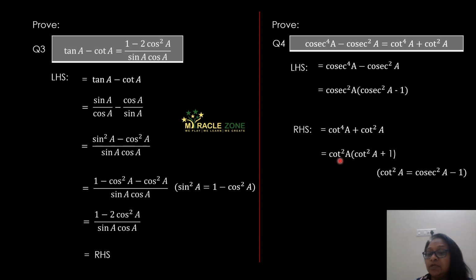So the outside cot square you can write as cosec square minus 1. And what is cot square plus 1? So this 1 will come to this side. So that will become cot square plus 1, that is equal to cosec square. So this thing you can write as (cosec square minus 1) into cosec square. So if you see, LHS and RHS both are same. So hence proved this problem.